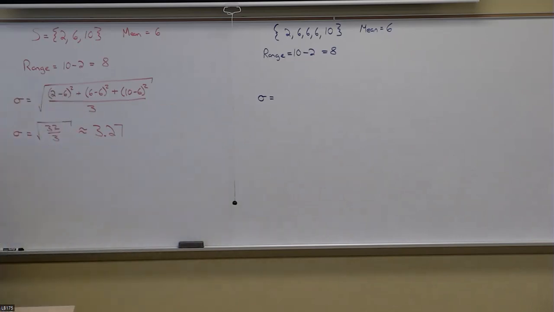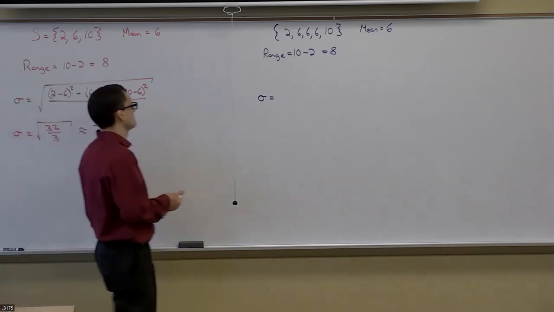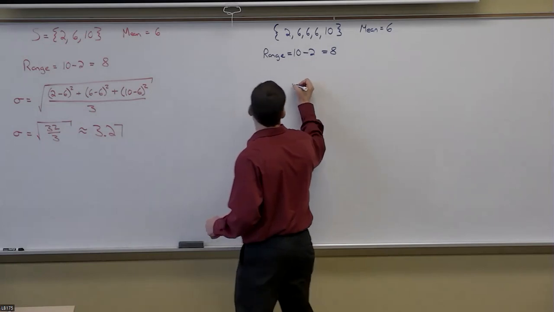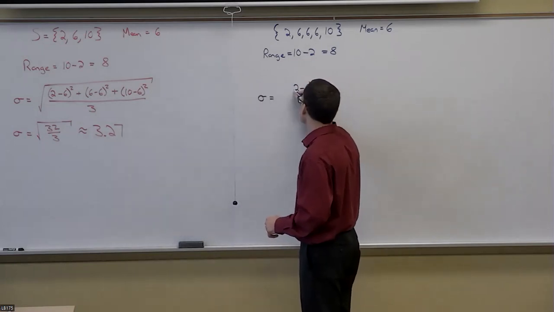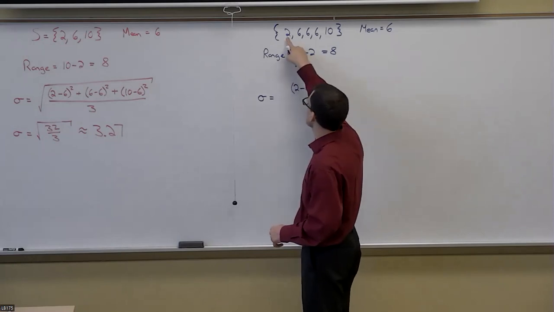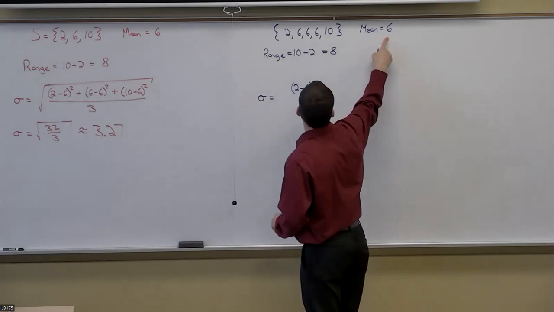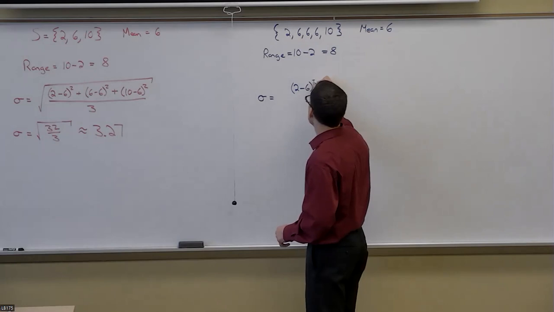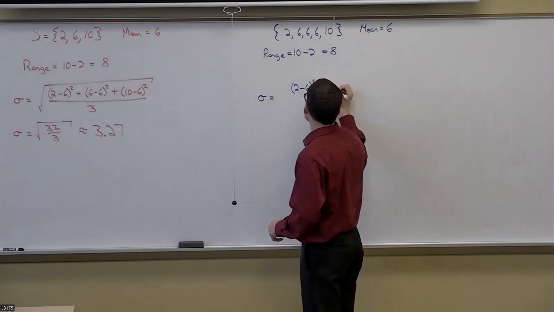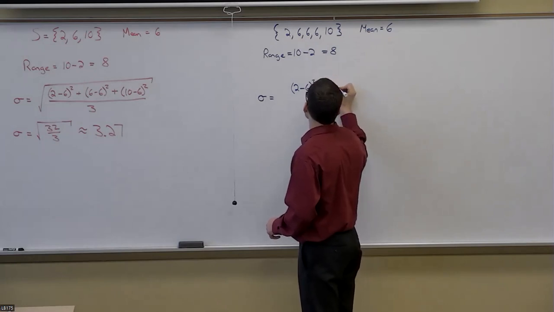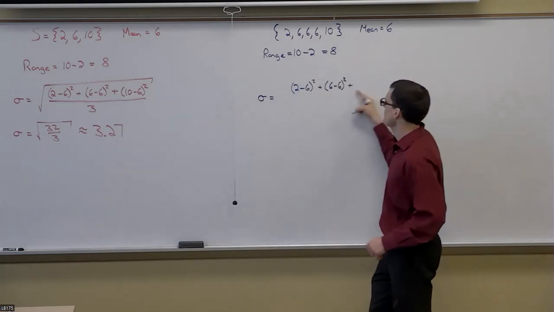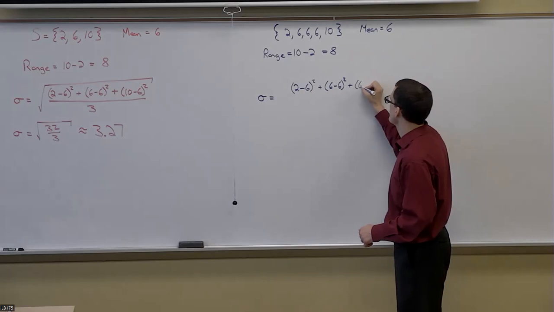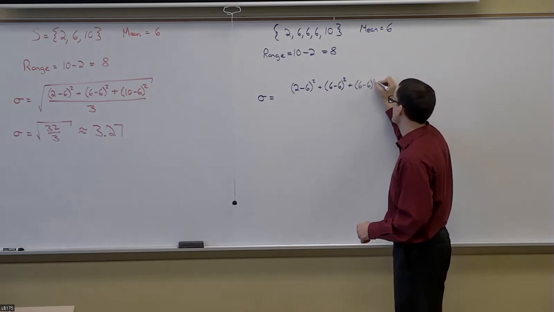Alright. Now you have to be careful about typing this in your calculator, but the basic idea is you take each one of these numbers, subtract the mean, and then square them all. After you do that, you add up the numbers that have been squared.